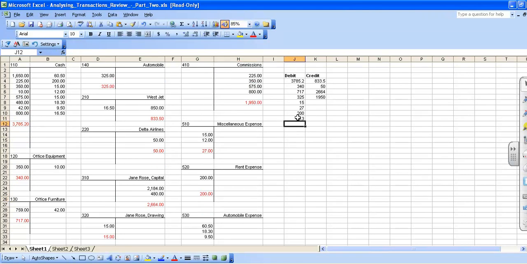Once we have all of those in, we're going to add them up to see if our totals equal. So equals sum J4 to J11. And we're just going to double rule that.